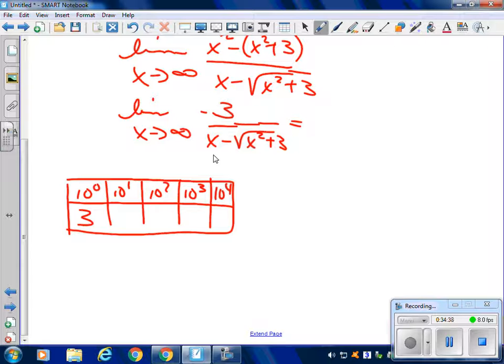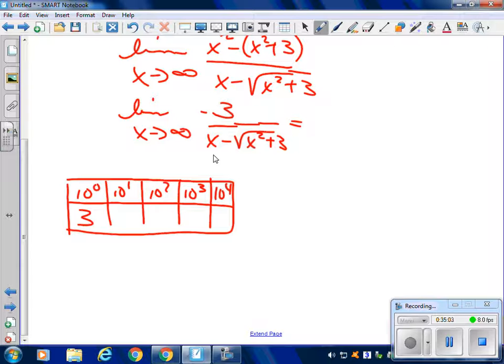So when you put this in, what's 10 to the 1st going to give you? Now we're using the value button under calculate.